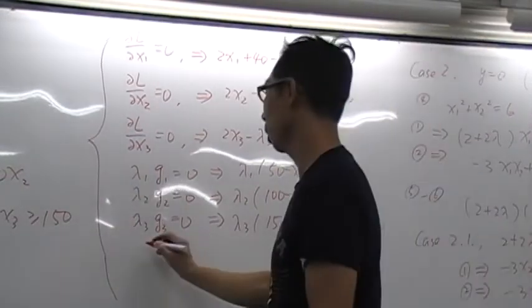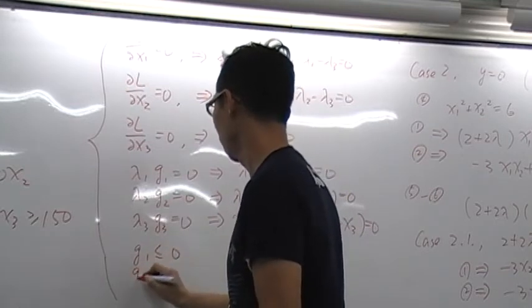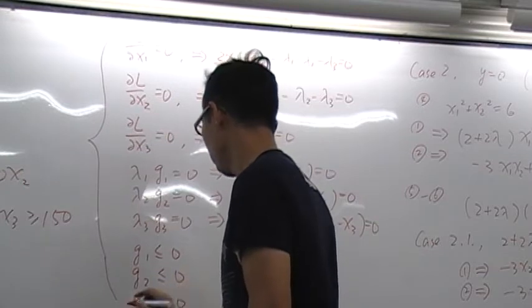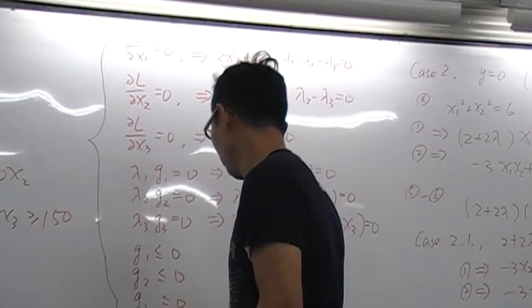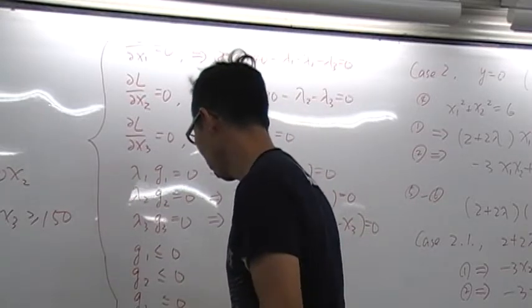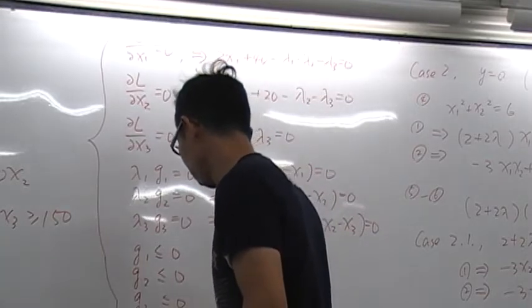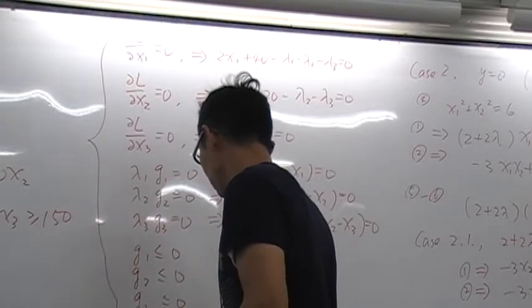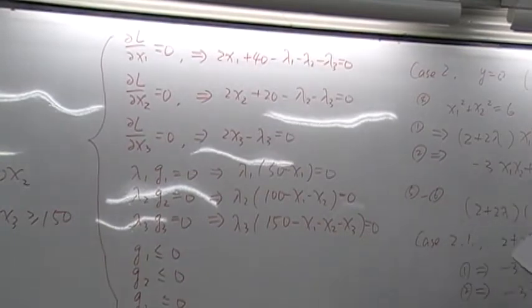Yeah, that's very easy, so let's just simply write it down. And finally, lambda 1, lambda 2, lambda 3 are all non-negative. Okay, yep, so it's really a pain, right?